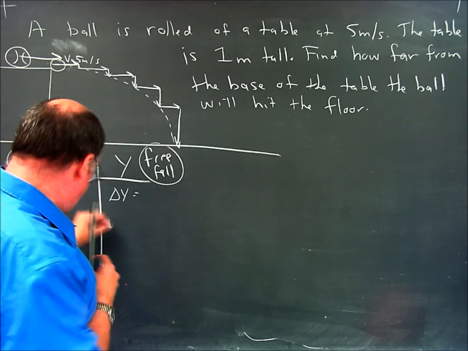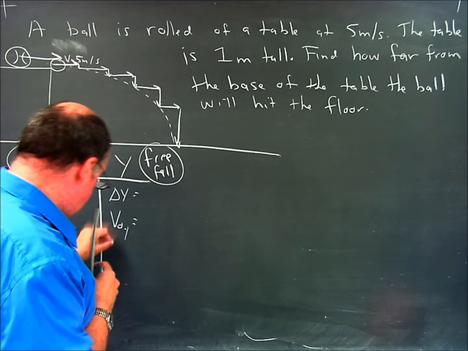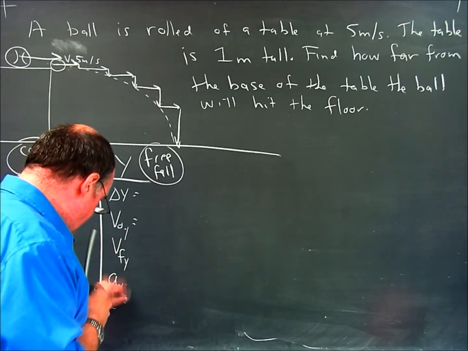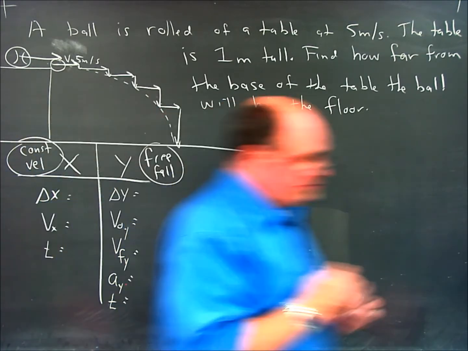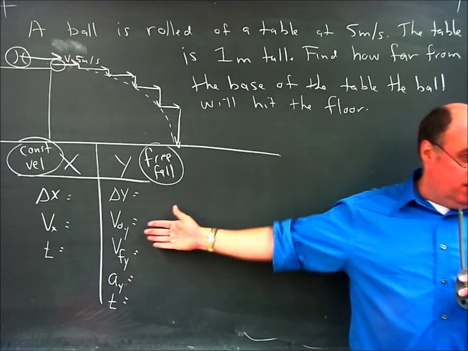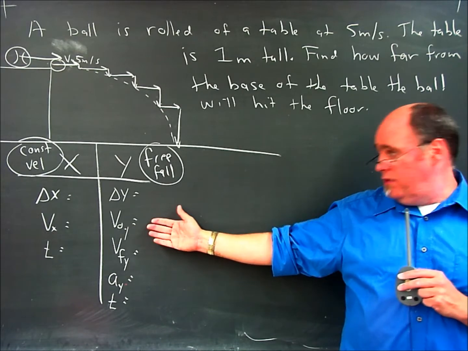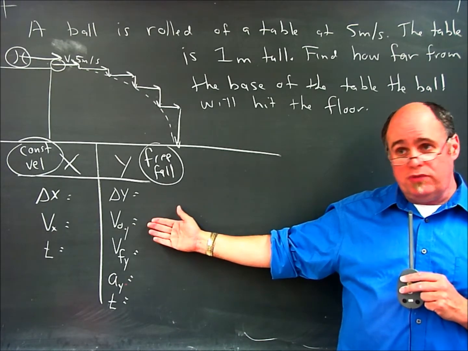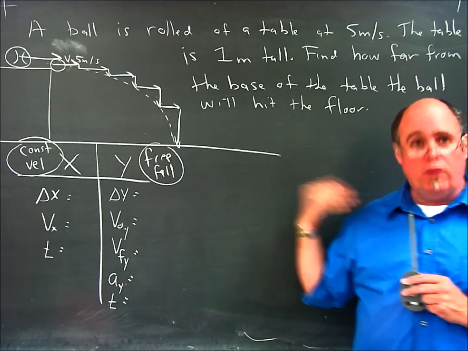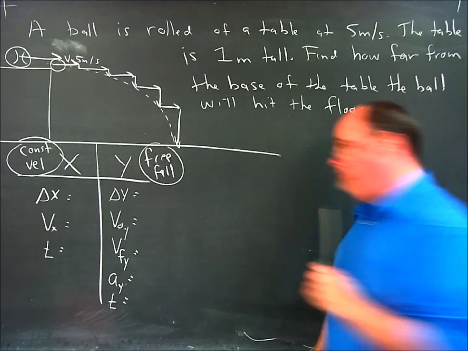Delta y, v initial in the y direction, v final in the y direction, a in the y direction, and t. This is a template right here. You could make this template in your notes, and every time we have a projectile motion problem, you could write this template and then plug it in based on what they're talking about in the word problem.